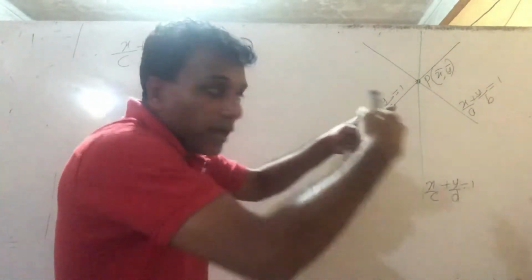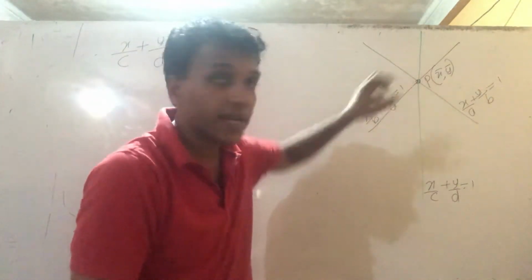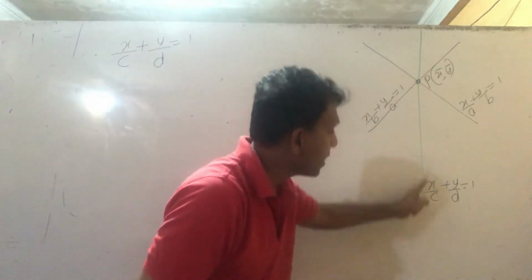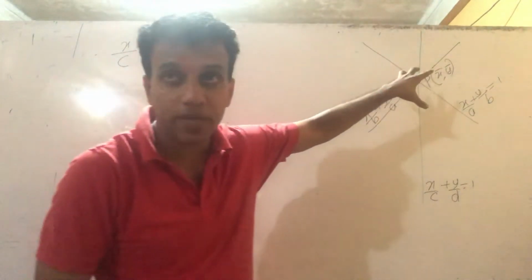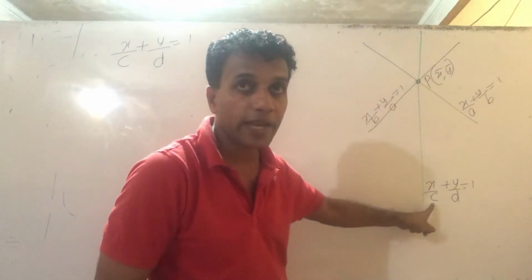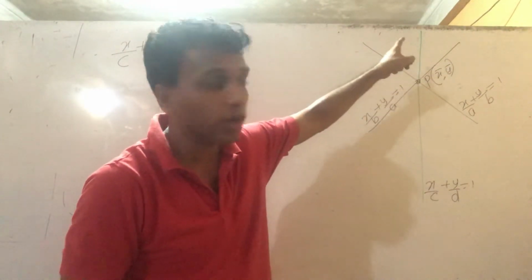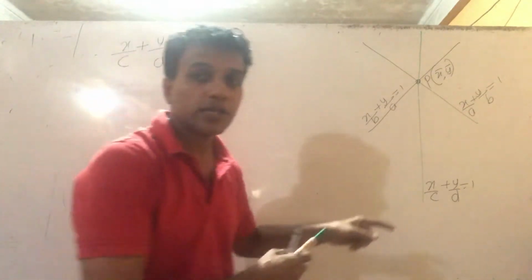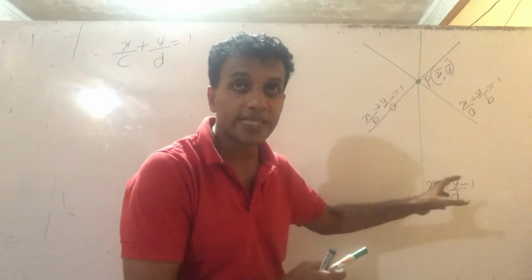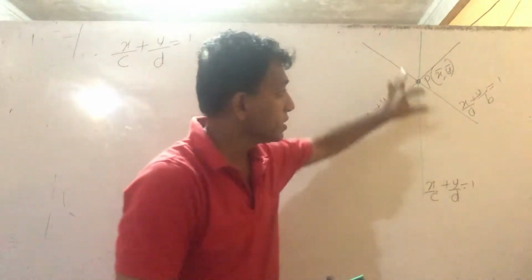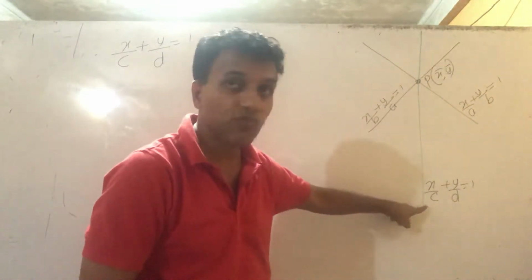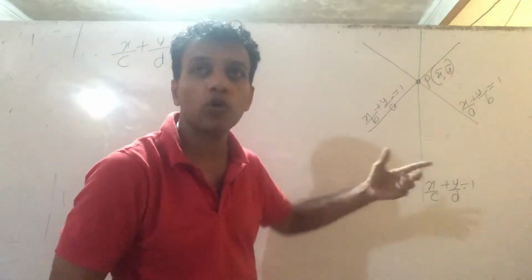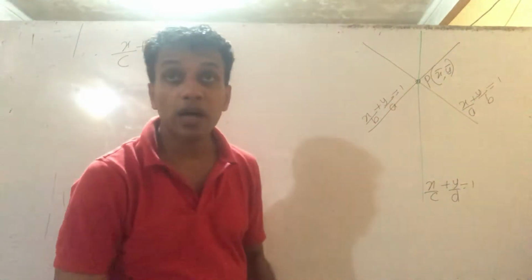Later, if the given straight line x over c plus y over d equal to 1 passes through the point P, then this coordinate satisfies the equation. This x bar, y bar satisfy means x bar over c plus y bar over d equal to 1. That's the idea, you can get the answer.